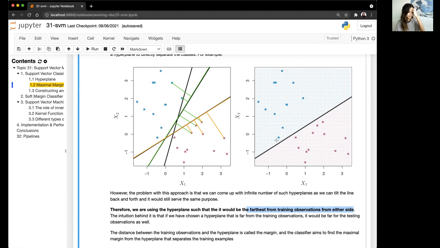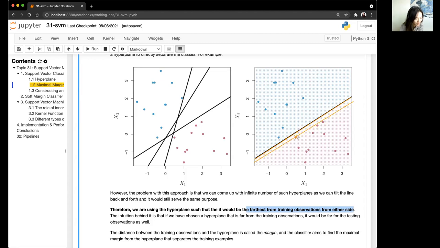All right, so this distance between the training observations and the hyperplane is called the margin. And specifically, the margin is the closest distance that you have to the plane. So if I quickly clear this and we zoom into this line over here, the margin for this classifier, and let's see, I think the closest data point would be this one over here.